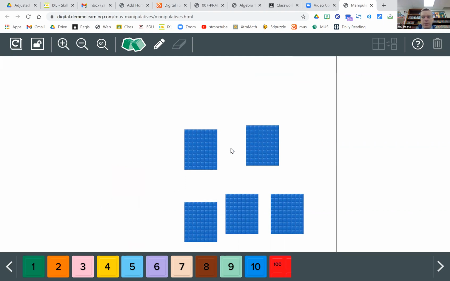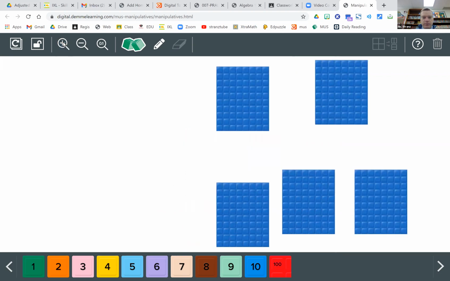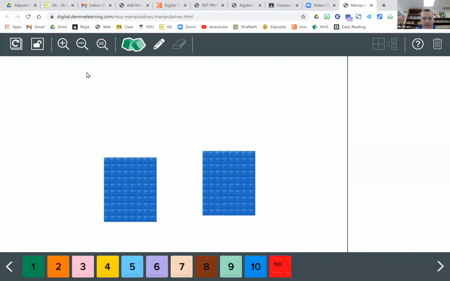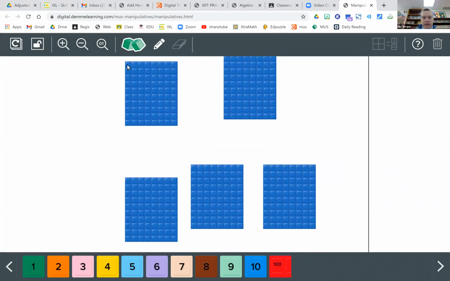Okay, and I put the blues into 5 different groups, 1, 2, 3, 4, 5, and you can see in each group you're going to have 1, 2, 3, 4, 5, 6, 7, 8. Right? Each group has exactly 8, right? Each singular block is a 10th.